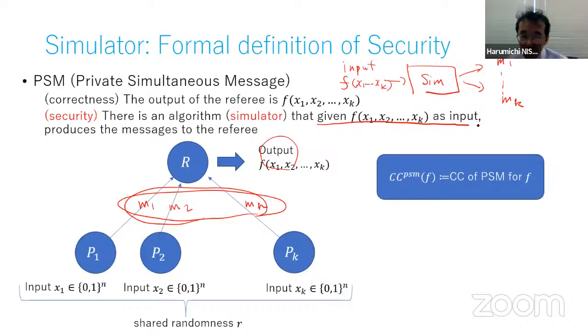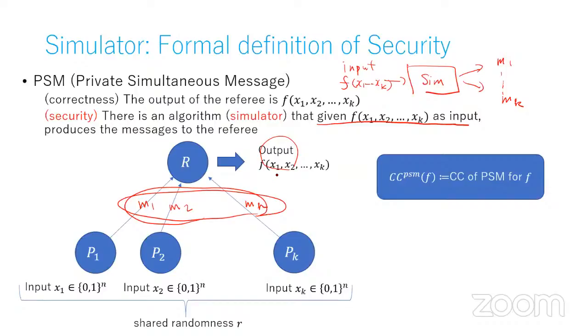So this means these messages do not have any information except this f. Okay, thank you. Do we have any more questions?